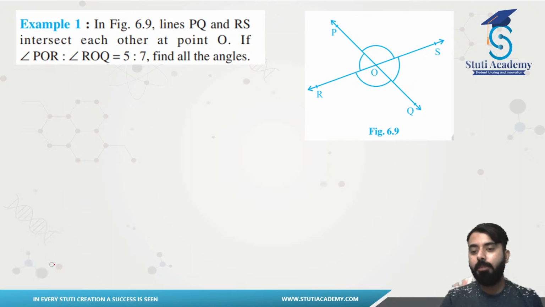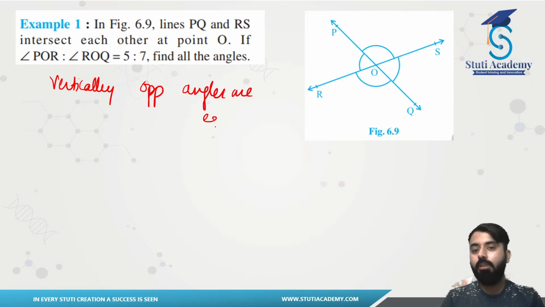So now you guys remember, when two lines intersect each other, then their vertically opposite angles are equal due to theorem 1, right? They are equal. So theorem 1, right?